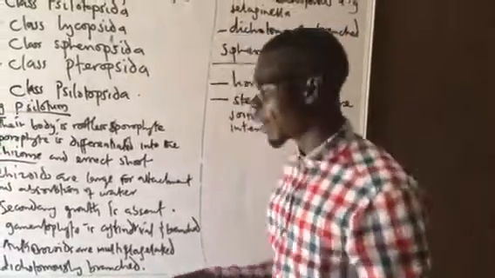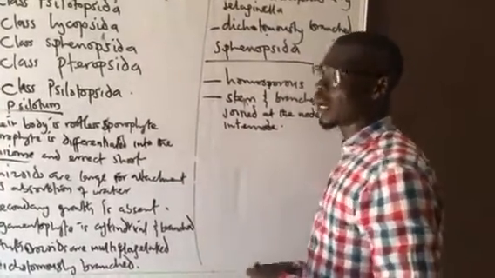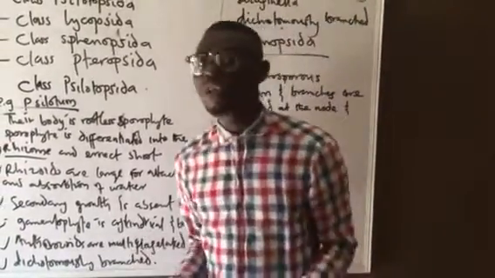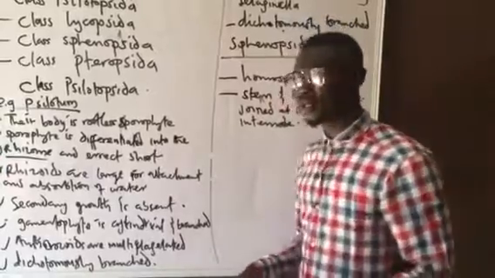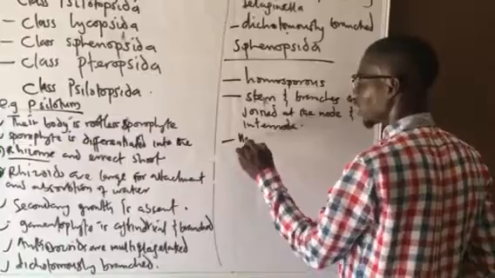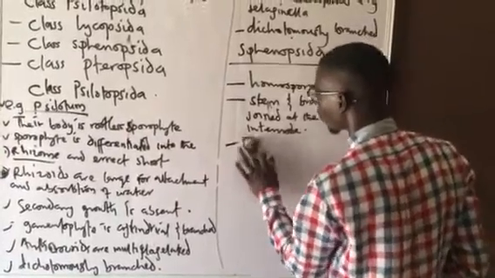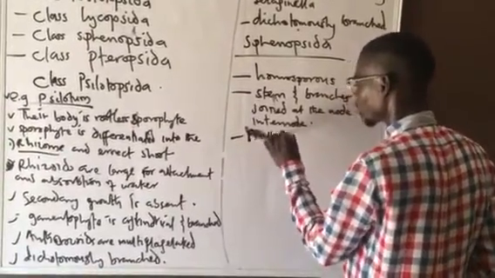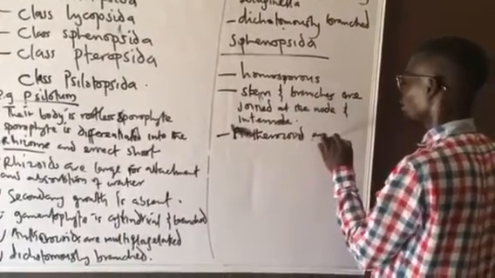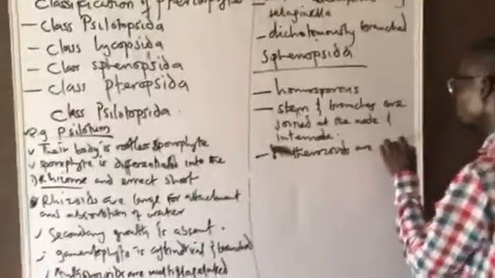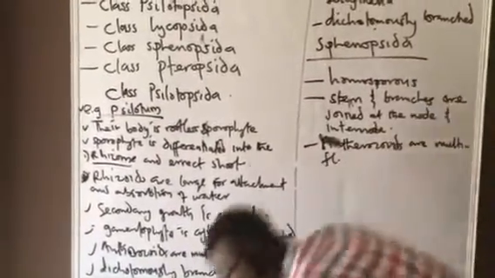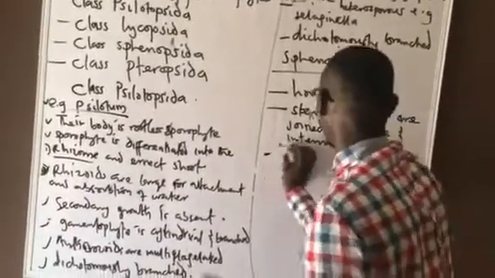They have gametophytes, and their gametophyte bears antherozoids and archegonia. The antherozoids are multiflagellated.